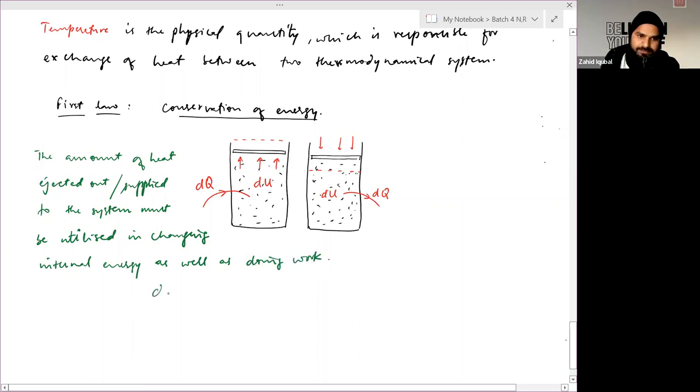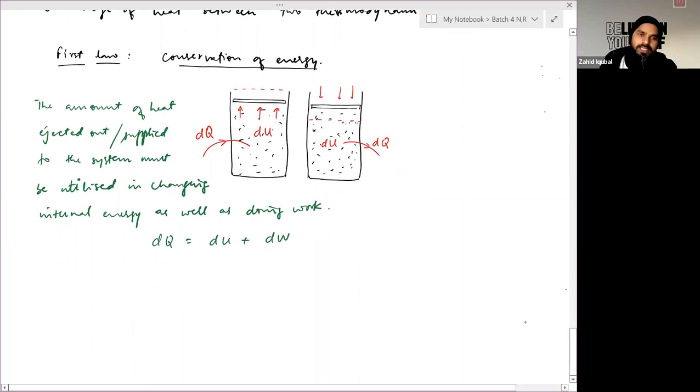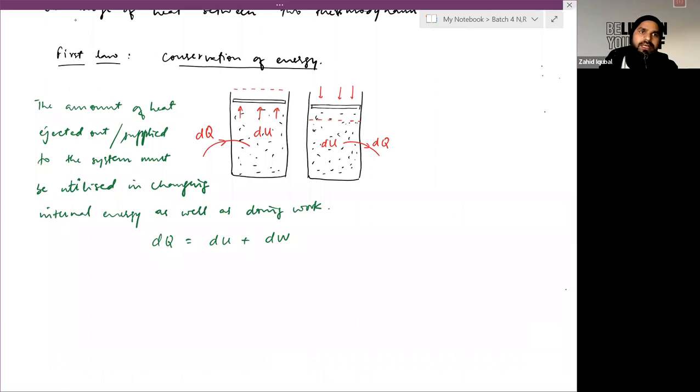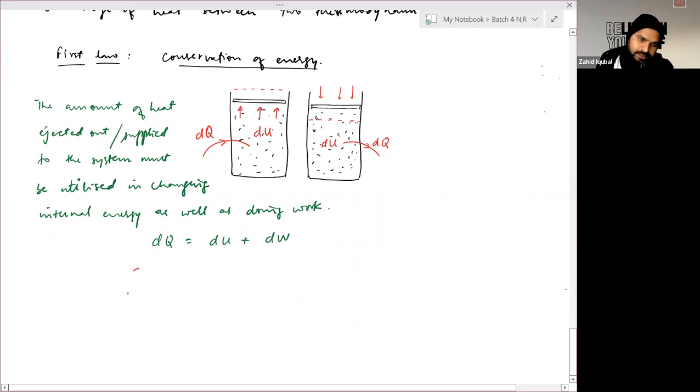So dq must equal du plus dw. dq is heat supplied or ejected, du is change in internal energy, and dw is work done. Okay, just write it down.